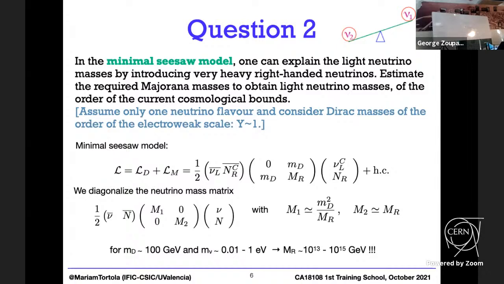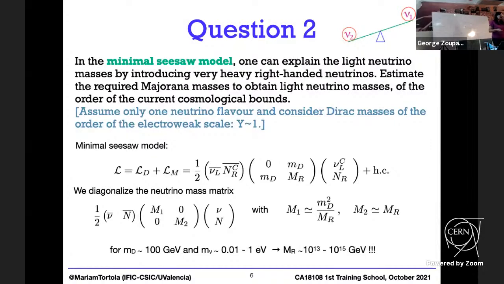Usually the mixing of the particles and the connection is very suppressed due to this mass. So the mass results in it basically not intervening in any of the processes. There's no way. It goes together with the model.